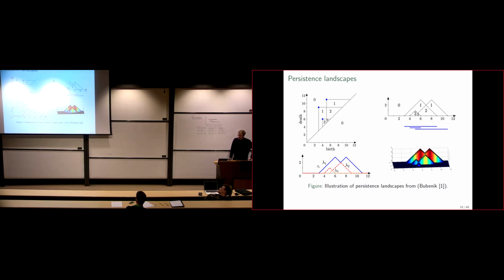And this is one way of representing your barcode as a vector, because we are evaluating this function at discrete values, these discrete filtration values, and the set of filtration values will, in practice, when you compute it, be finite, and so it will be a vector representation of your data in this way.